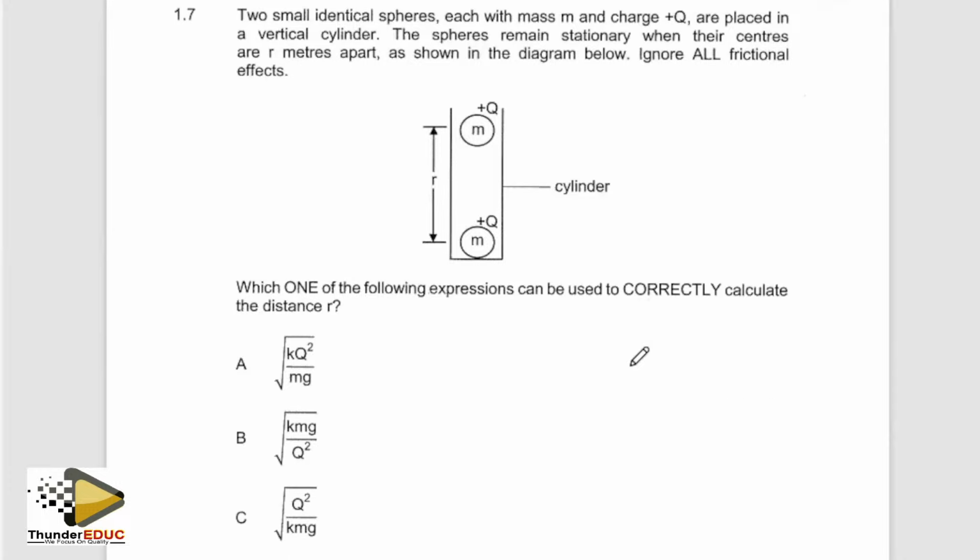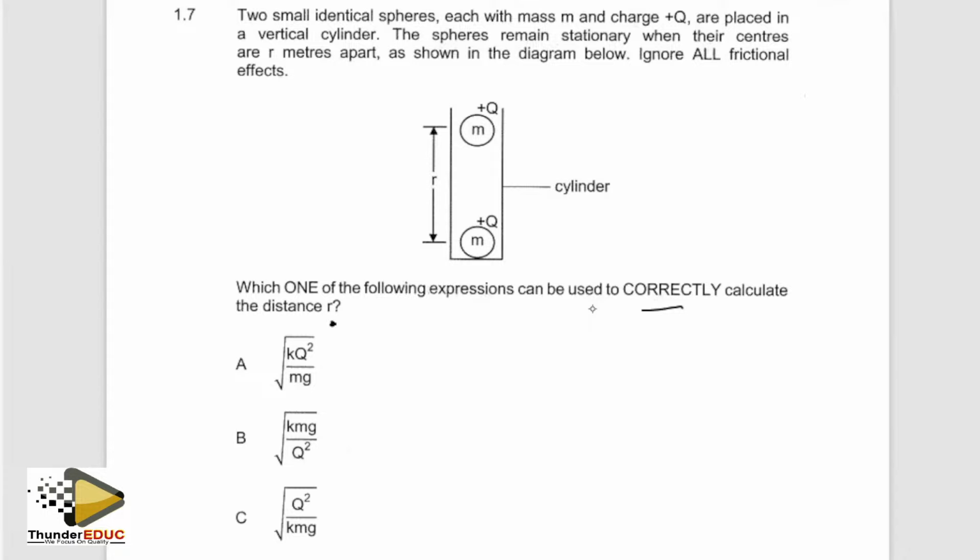Then 1.7. Two small identical spheres, each with a mass of M and charges plus Q, are placed in a vertical cylinder. The spheres remain stationary when their centers are a distance R apart, as shown in the diagram below. Ignoring friction effects, which of the following is an expression for correctly calculating the distance R?